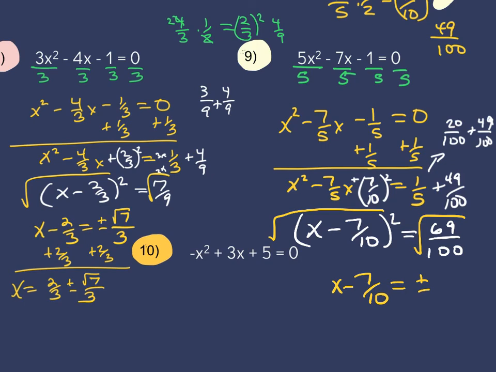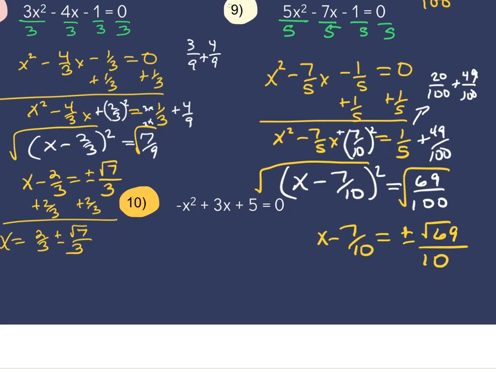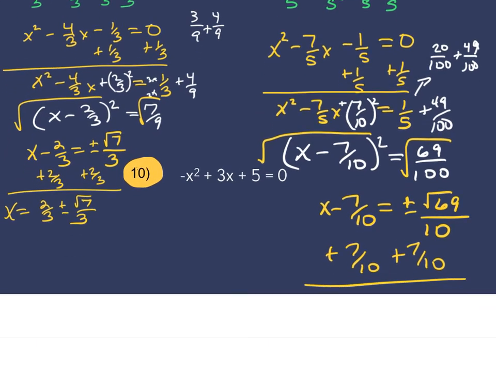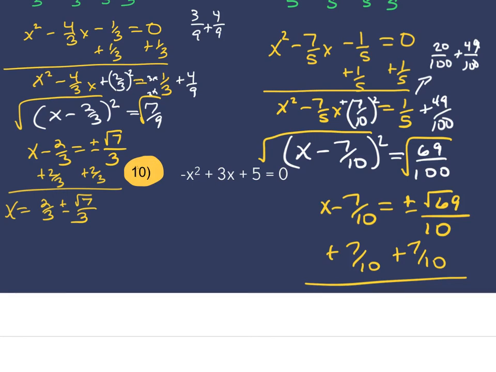I can't find the square root of 69. It is already simplified. So I leave square root of 69 underneath, but I can square root the 100 and I get 10. Move the 7/10. Now all of the examples I have done, they've all had the same denominator, but that doesn't always happen. So 7/10 plus or minus square root 69 over 10.